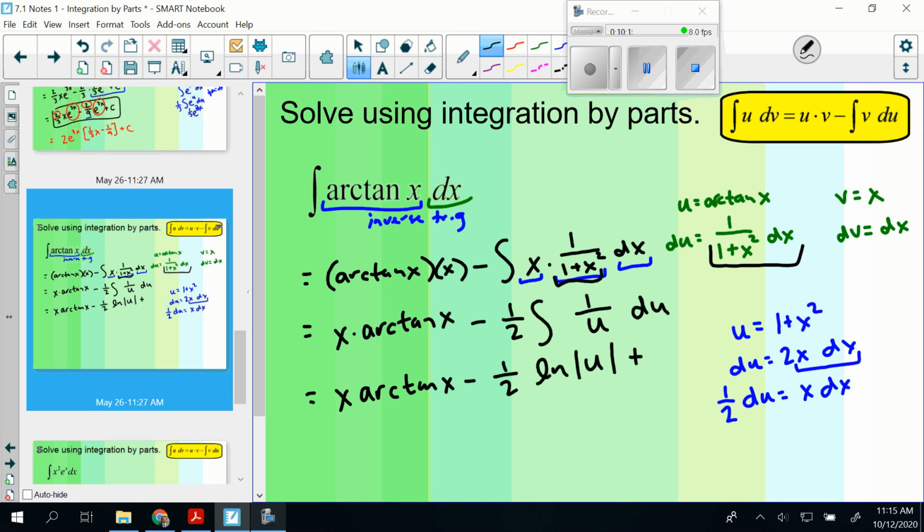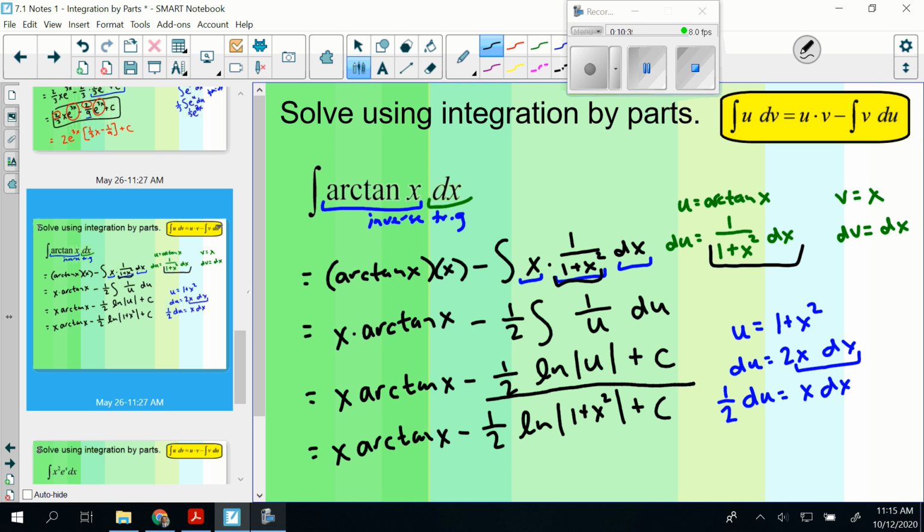And it'd be absolute value in this case when we do that. So now substitute back in for u, and we got our answer here. So it'd be x times the arctangent of x minus 1/2 natural log. If we substitute back in what we put for u, it'd be 1 plus x squared plus our constant. There's our solution right there.